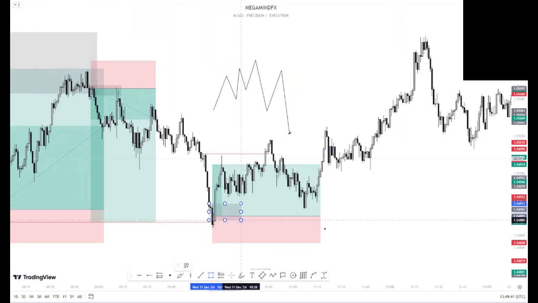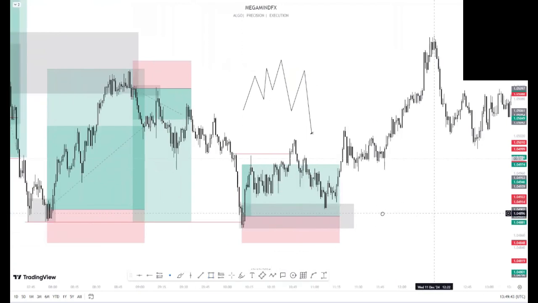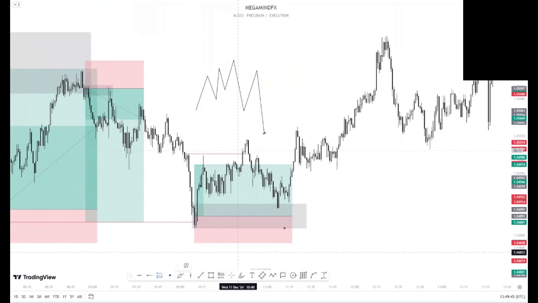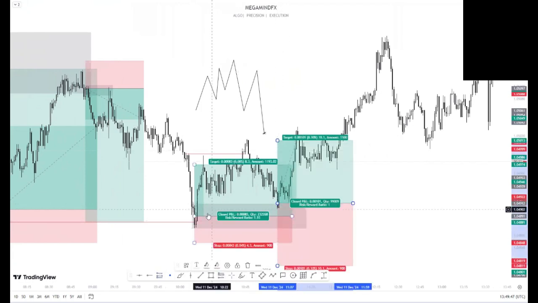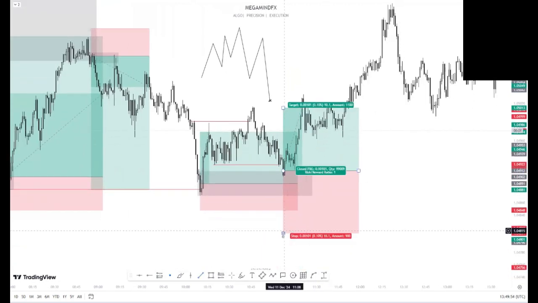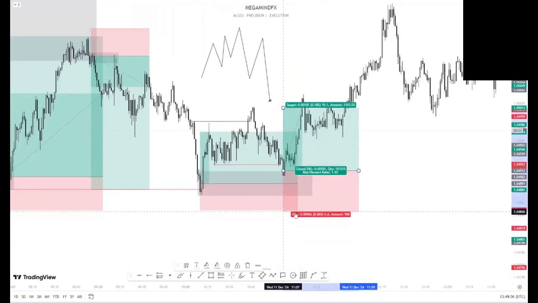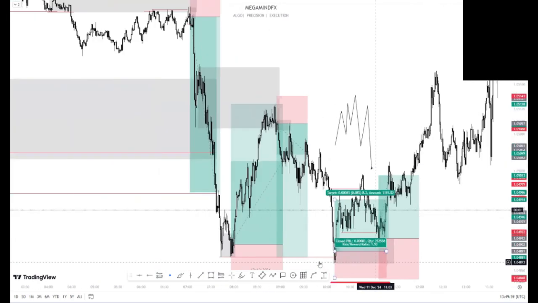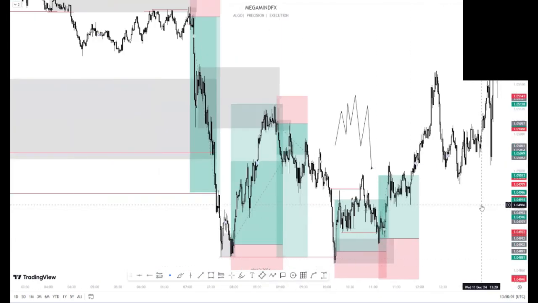This was the reaction. You want to buy from here, or probably after the inducement of these lows here. Just engage there, just at the lows.